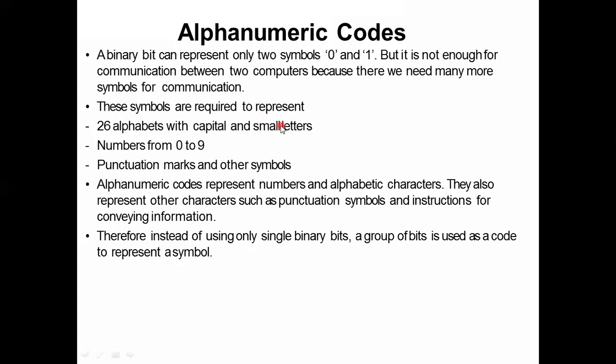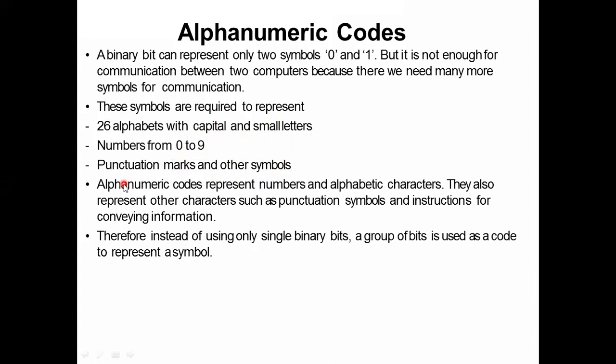Depending on our requirement, we use capital alphabets and small alphabets, and numbers from 0 to 9, punctuation marks and other symbols. So many punctuation marks, other symbols, numbers, capital letters and small letters are all used for communication between two devices.